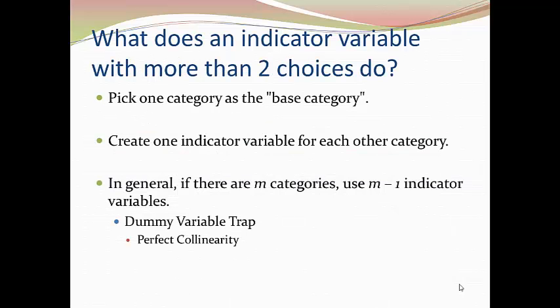Okay, now what if you have more than 2 choices? If this happens, you have to pick something called a base category and then create one indicator variable for each category. In general, if there are m categories, then you will use m minus 1 indicator variables in your regression.